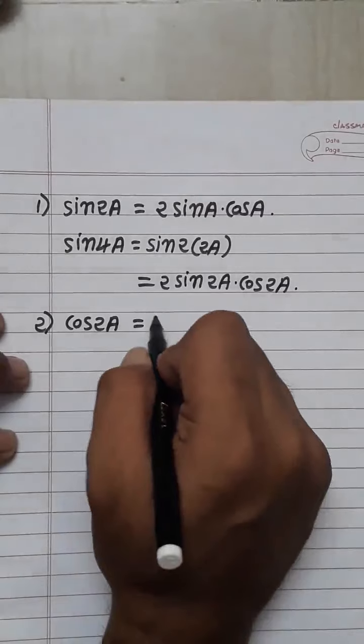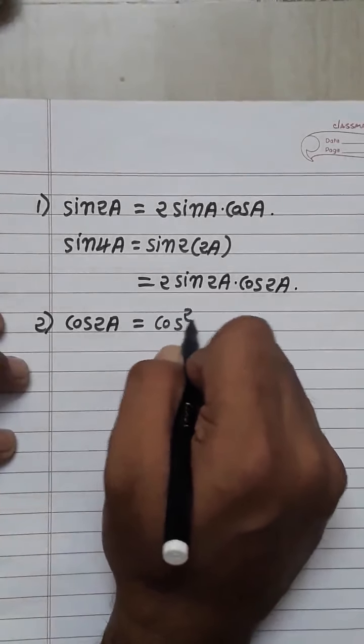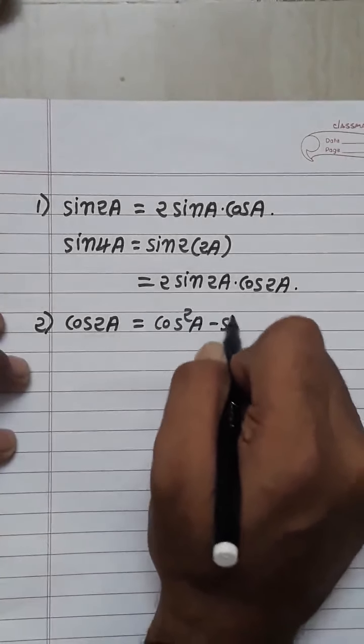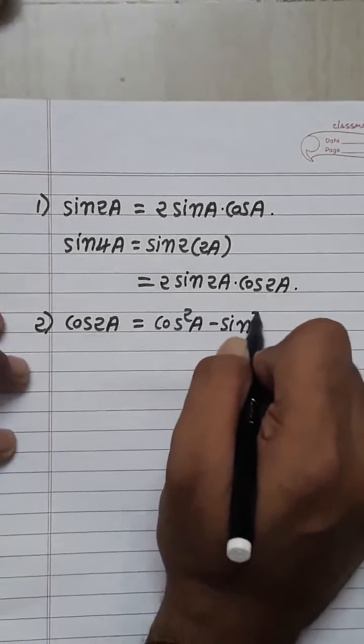So first formula, cos 2a is equal to cos square a minus sin square a. Now the same formula can be written in another way, cos 2a is equal to 2 cos square a minus 1, and third formula, cos 2a is equal to 1 minus 2 sin square a.